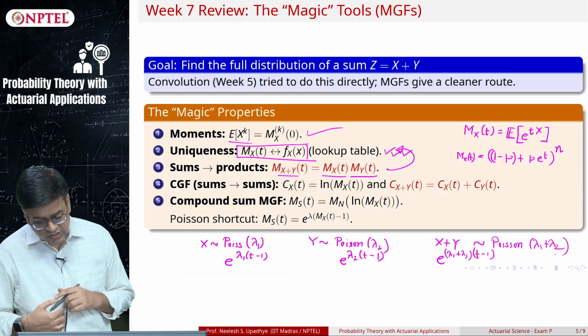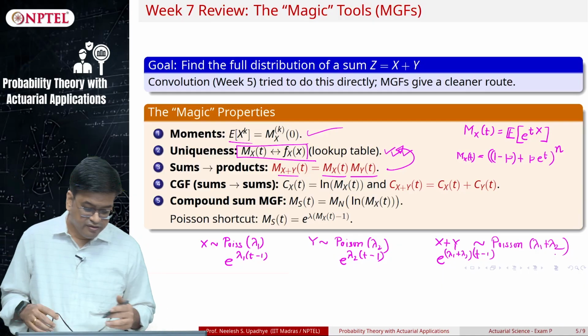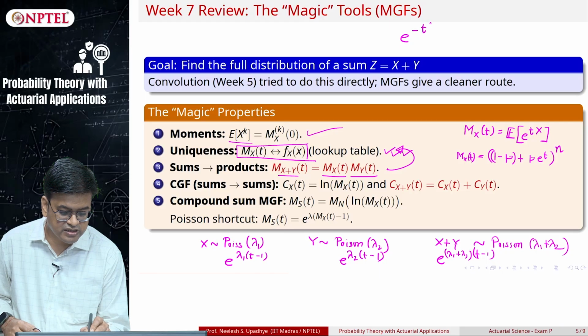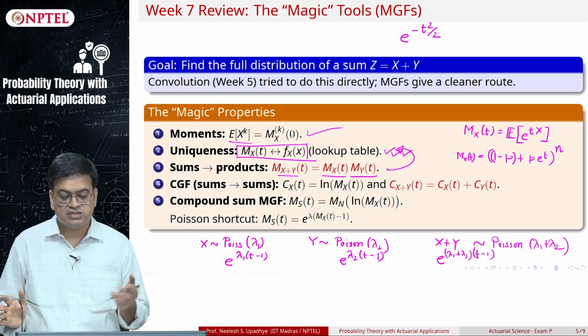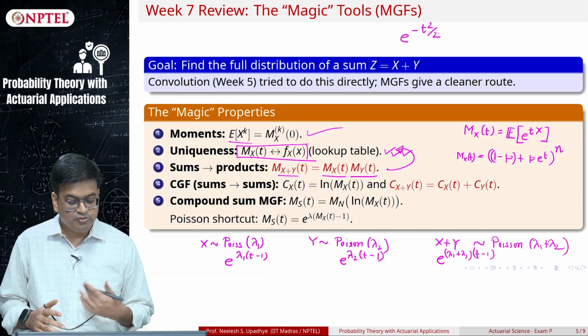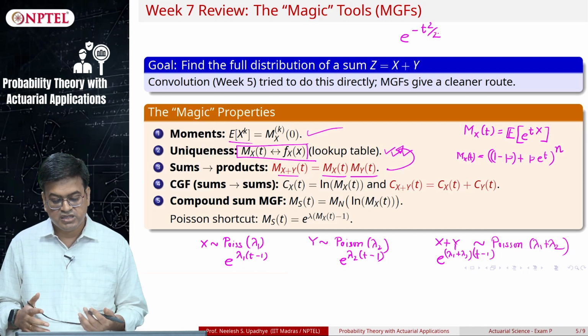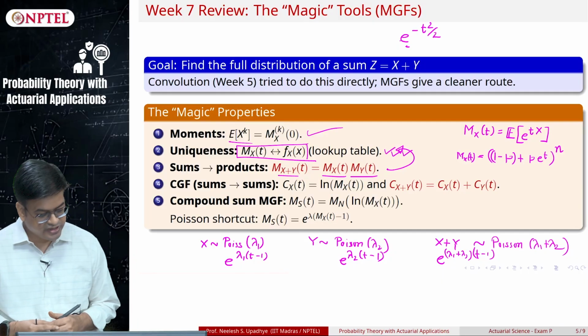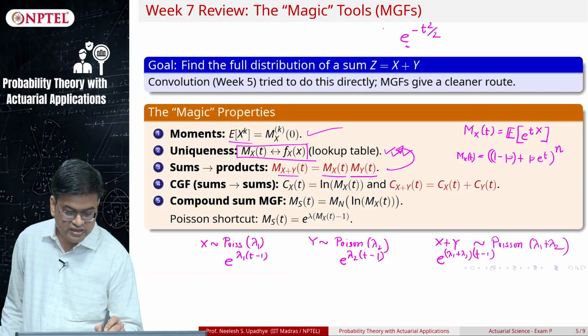Then some of the messy parts came, where I had to deal with something like e raised to t square by 2. Remember, this is the moment generating function of a standard normal random variable. So what we did, we devised a methodology where I can get rid of these e raised to things, and a natural answer to that is taking the natural log of this.